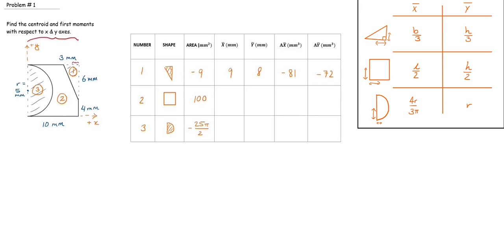The x and y bar for the square would both equal 5 millimeters. And this gives you 500. And finally, for the semicircle, the x bar is equal to 4r over 3 pi.